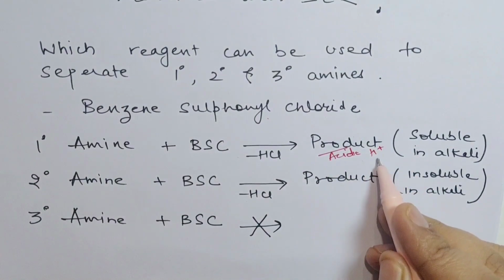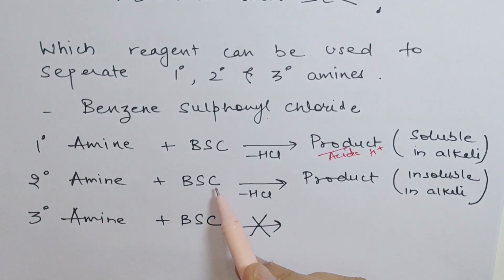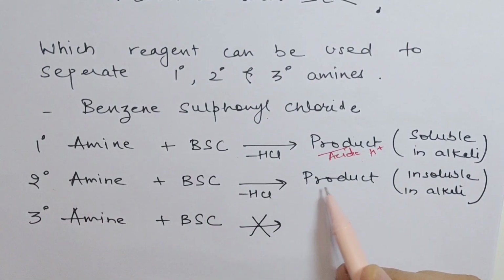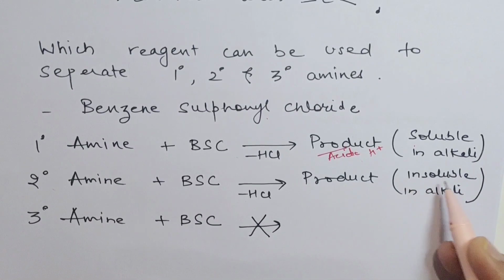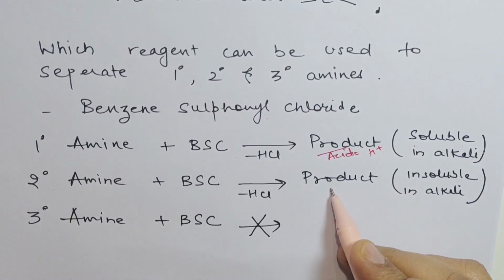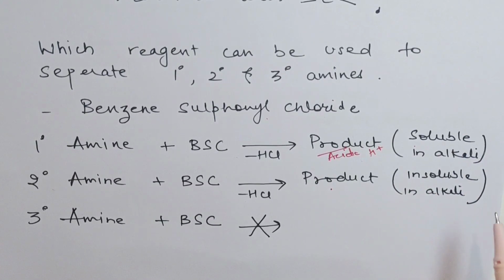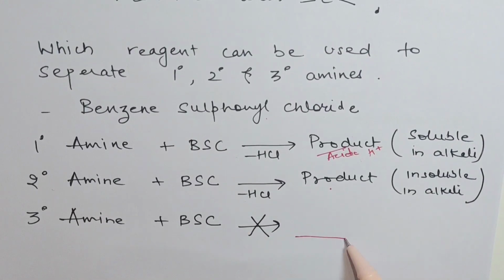When tertiary amine reacts with benzene sulfonyl chloride, the product does not have the acidic proton, so it would be insoluble in alkali. Tertiary amine, because of the absence of hydrogen atom here, does not even react with benzene sulfonyl chloride. So the reaction does not take place.